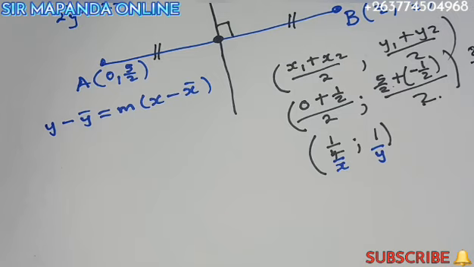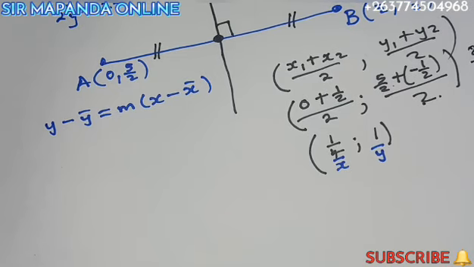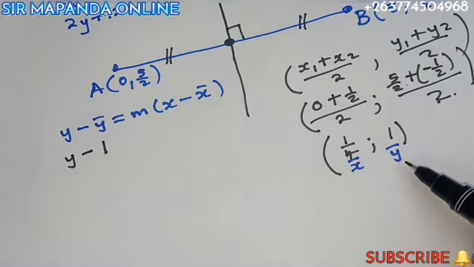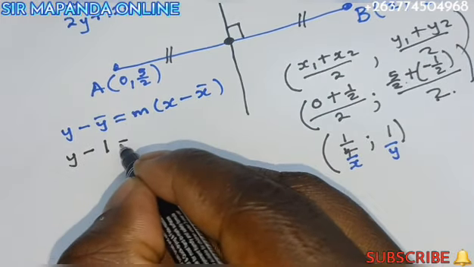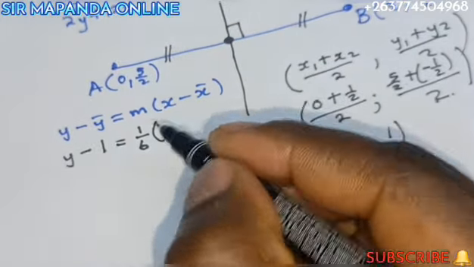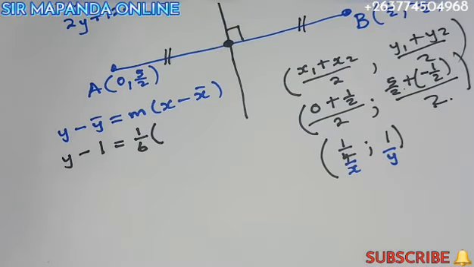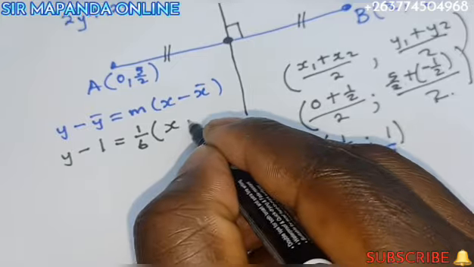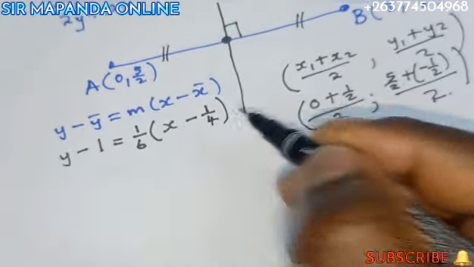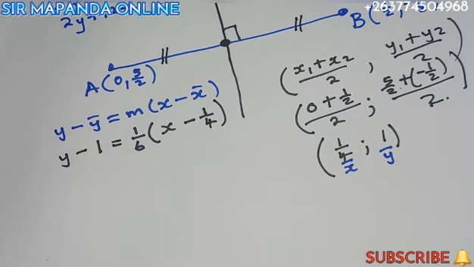I hope you are following, class. Let us substitute. You get y minus 1, where 1 is your bar y, is equals to, remember, m is now 1 over 6, which is the gradient of the perpendicular bisector, times x minus bar x, which is 1/4, so you put 1/4 here.